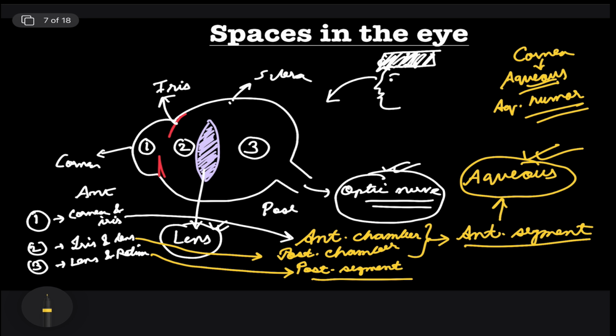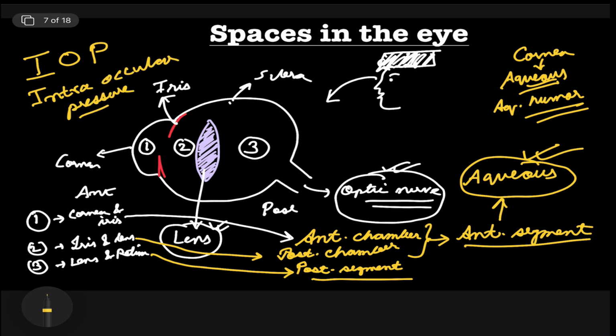And another very important function of the aqueous is, it also is responsible for something called IOP, intraocular pressure. As is evidenced by the name itself, intra, within, ocular, eye, pressure. So within the eye, there is some form of a pressure.